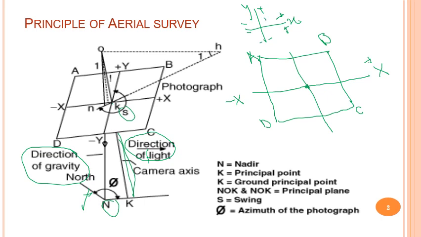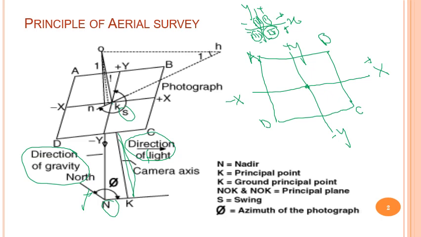This is the first quadrant, the second quadrant, the third quadrant, and the fourth quadrant. Here this is the positive y-axis, and this is the negative y-axis.